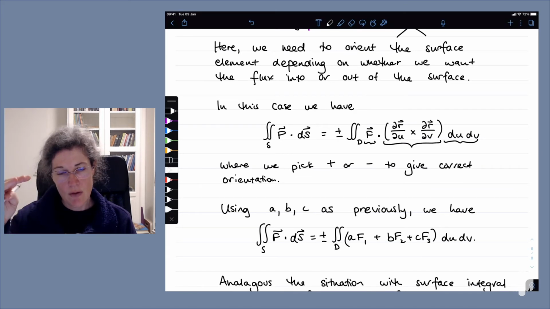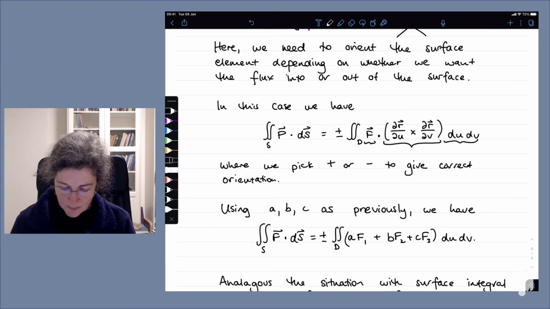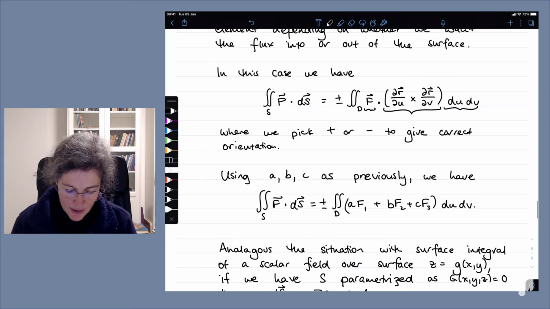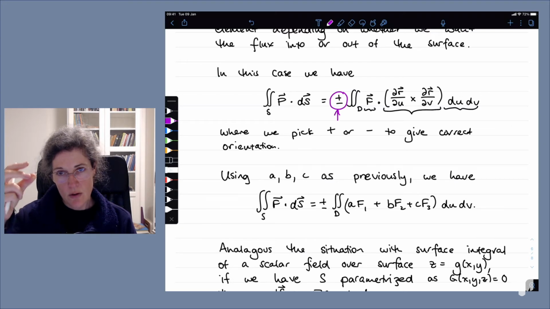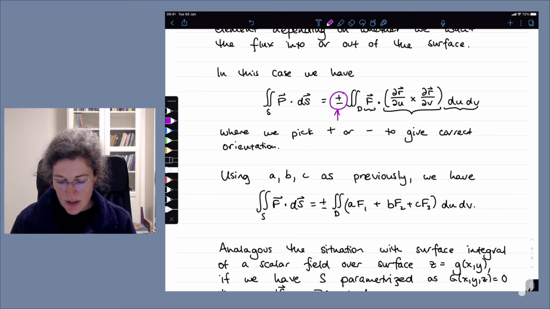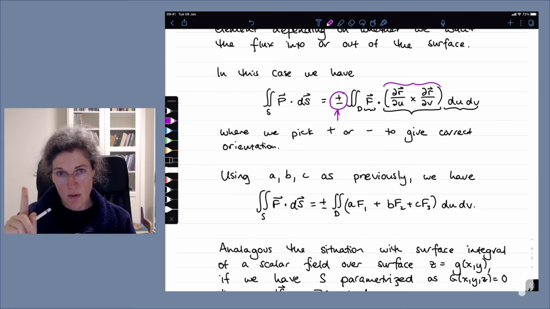This is imagining we've got the same kind of parameterization. And our orientation is captured here, where you have to pick whether you want to use plus or minus, which is essentially looking at this vector and saying, do you want the one pointing out of the surface or down from the surface?